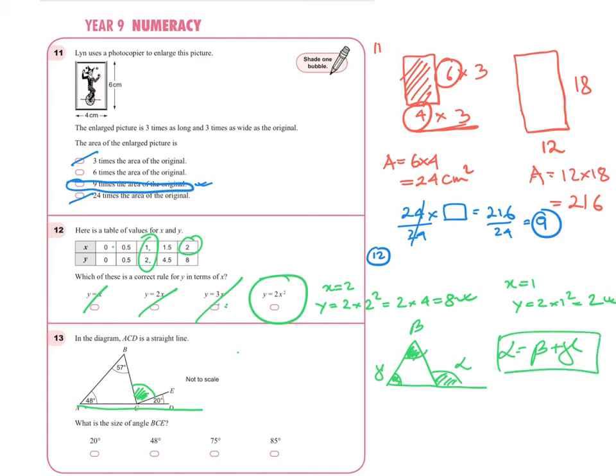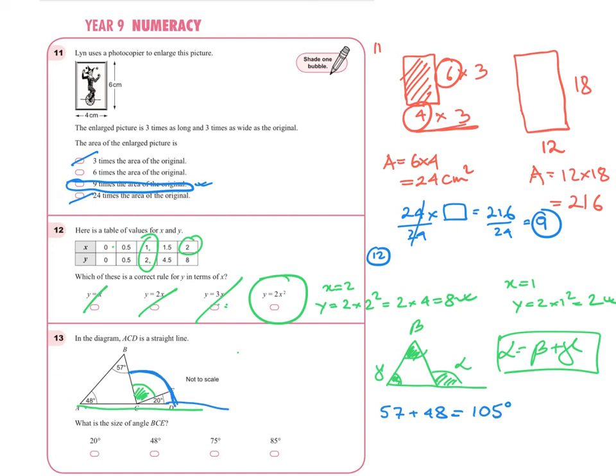Now we do know that all of this is equal to 57 plus 48. That is going to give us 105. But that's all of this blue, and we don't need all of that.